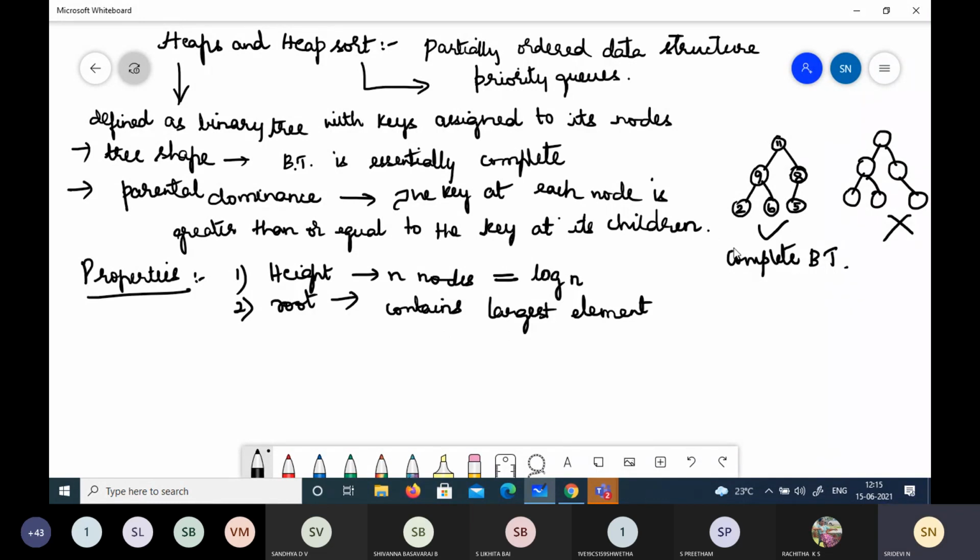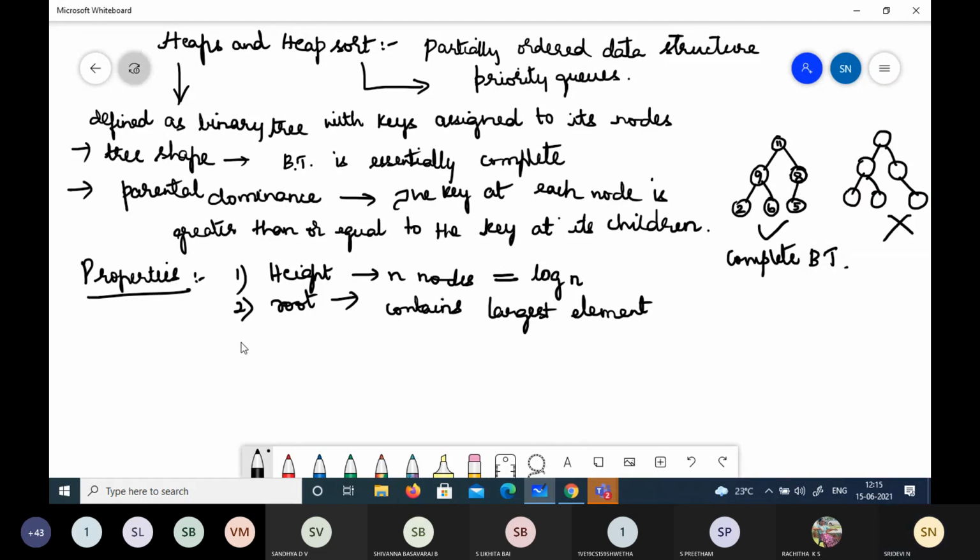Otherwise, how can you have parental dominance? Once you take this, these are all subtrees for it. So all the elements below this root should always be lesser than or equal to it. So root should always contain the largest element.